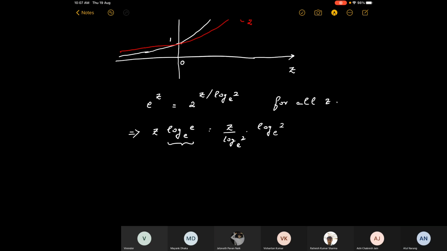This is equal to 1, and log 2 cancels out, which is also equal to z. So you get z equal to z. This is an identity. So what is the physical meaning of what I have written down over here? This relationship.